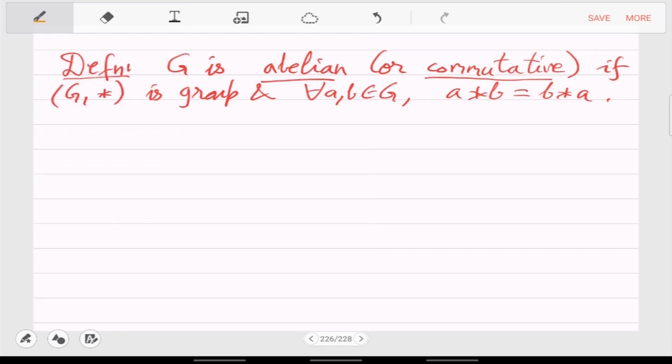The other example is that of matrices, n cross n matrices with plus. Is it a group? They can also be m cross n, they don't have to be square matrices. So m cross n matrices with addition, you have all the properties. So this is an abelian group.